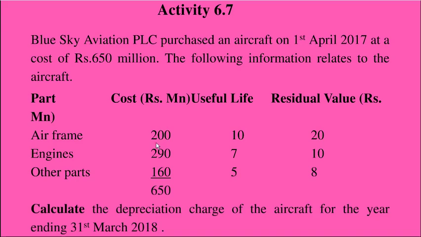So as far as airframe is concerned, accordingly we can depreciate 200 million minus residual value 20 million. Accordingly, depreciable amount is 180 million divided by 10, 18 million depreciation as far as airframe is concerned.